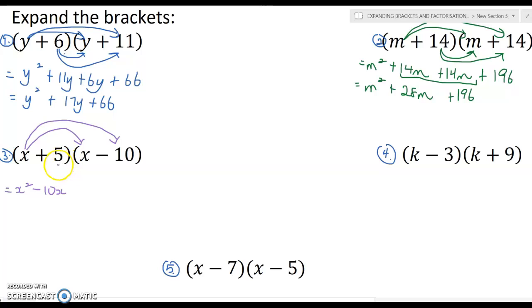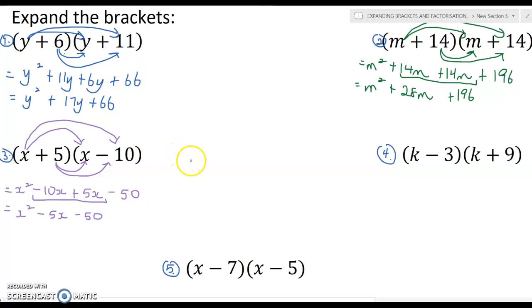Let's go to the bottom now. 5 by x, both positive, plus 5x. And then positive 5 times negative 10 will give us negative 50. Our final answer will be x squared minus 10x plus 5x, which gives us minus 5x, and then minus 50. Final answer there.